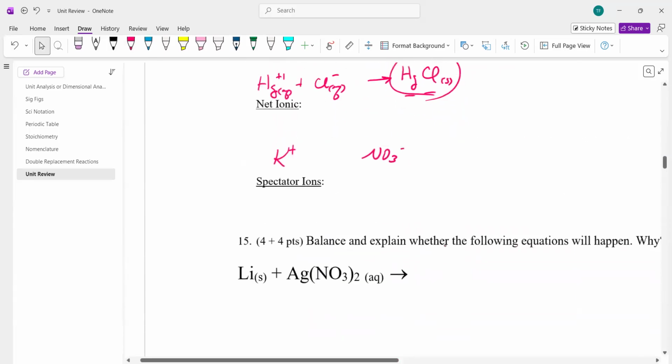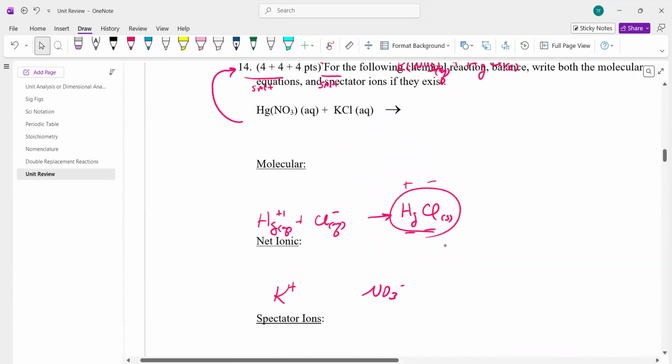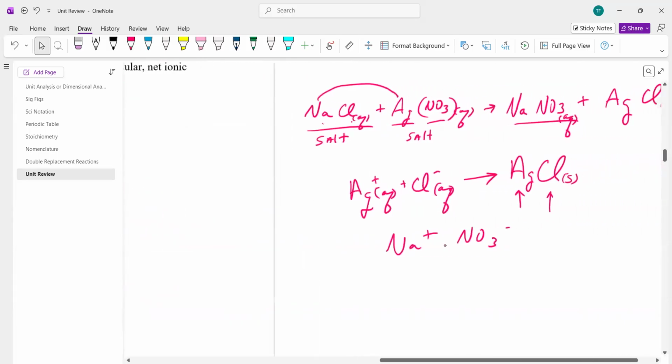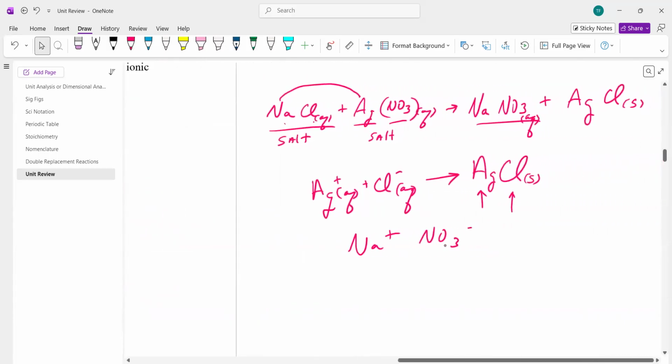What are the spectator ions? The Na plus and NO3 minus groups? Yeah, that's spectator, because it's not in here, so it'd be the Na. Misty, was that you asking? What was the question? On that one, the two spectator ions, but I got it.